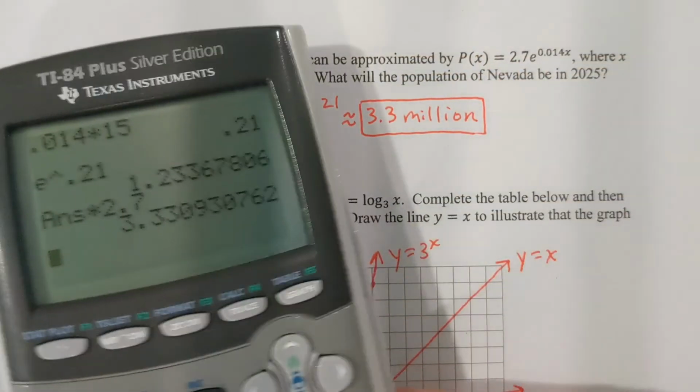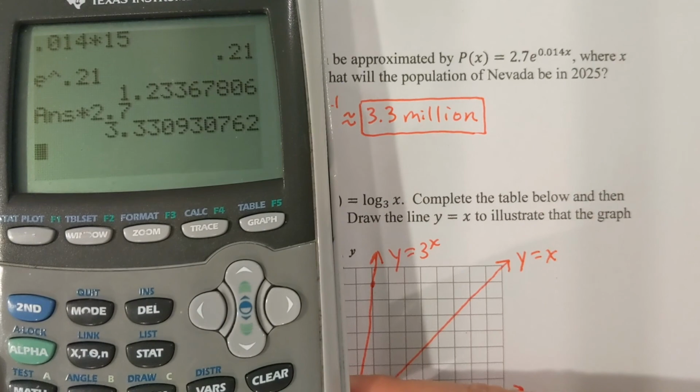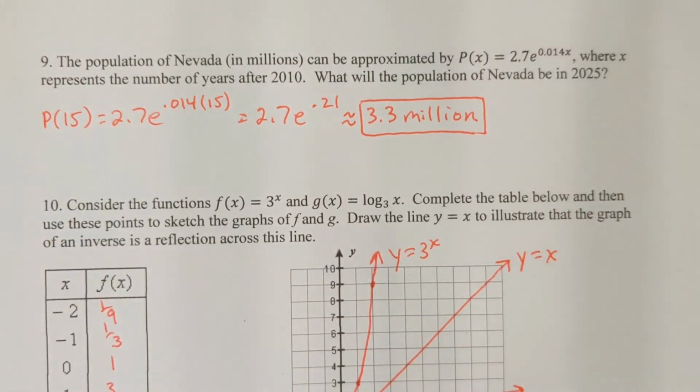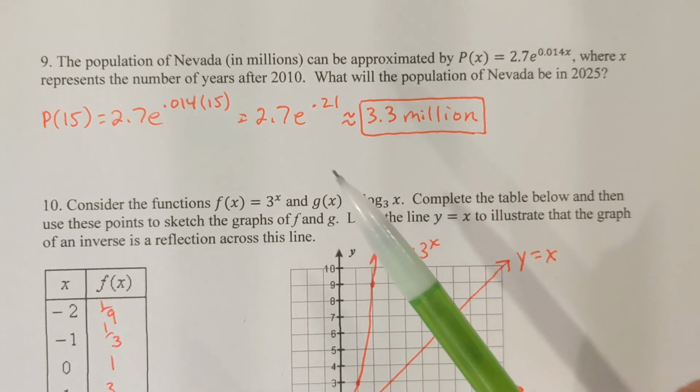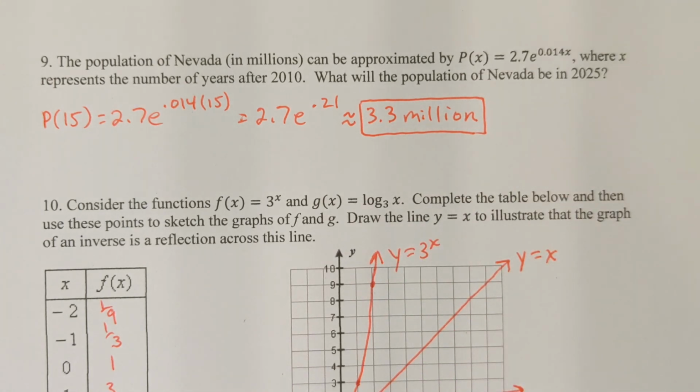Okay, and I'm getting roughly 3.3 then if we go nearest one digit. Of course, make sure that the units are in millions. You know, there's not roughly 3 people in the state of Nevada. Okay, roughly about 3.3 million people would be estimated living in that state in the year 2025.